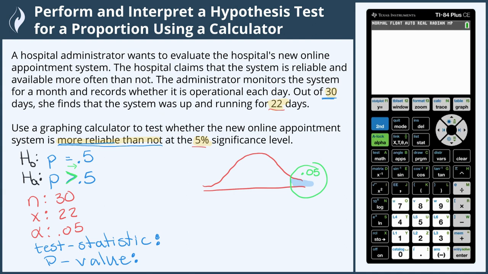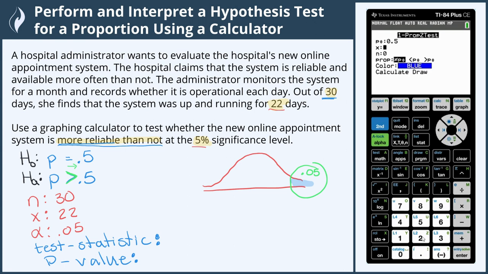conclusion about our test. The first thing we need to do is go to Stat, and then we need to move over to the tests, and we're going to the one proportion z-test. We can arrow down or just press 5, and that'll bring it straight up for us. The proportion for our claim is that it is more reliable than not, which is 0.5.